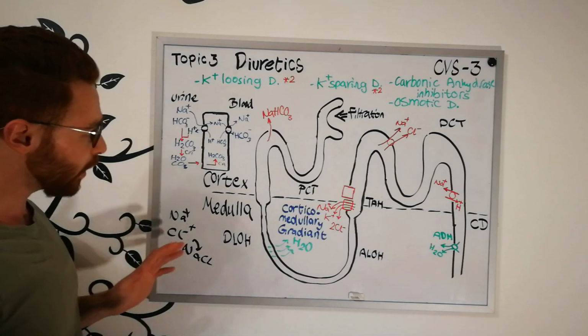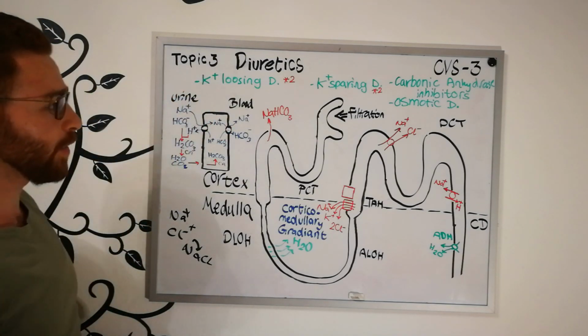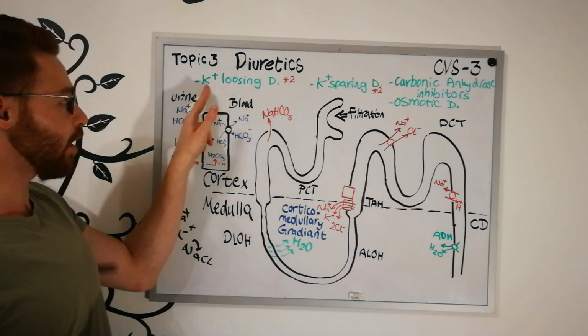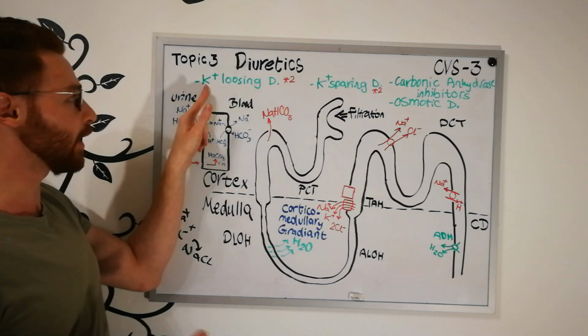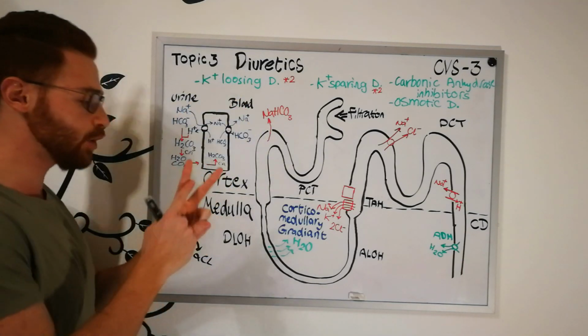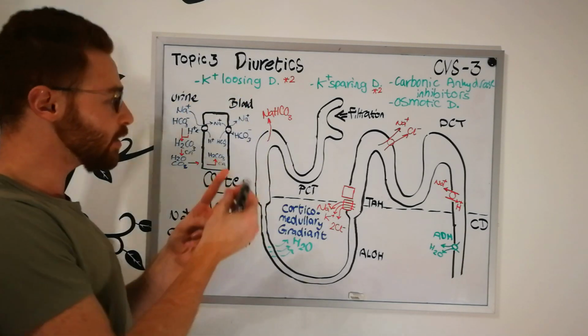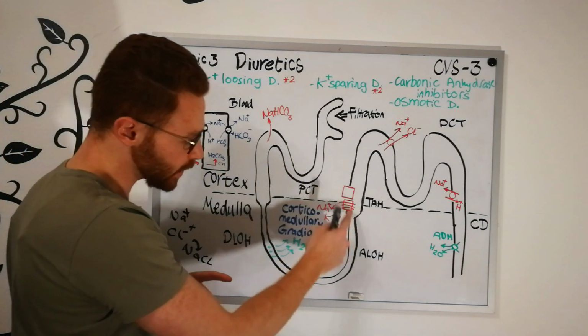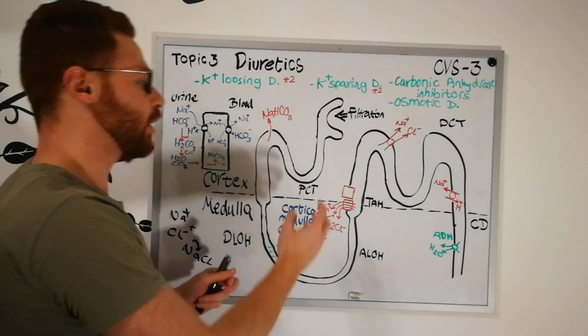Now, let's cover the types of the diuretics we have. We have two types of the diuretics that are going to lead to losing potassium. We're going to lose the potassium whenever we use these two types of diuretics. These are the loop diuretics that are going to inhibit this process here. What does this mean if we inhibit this process?